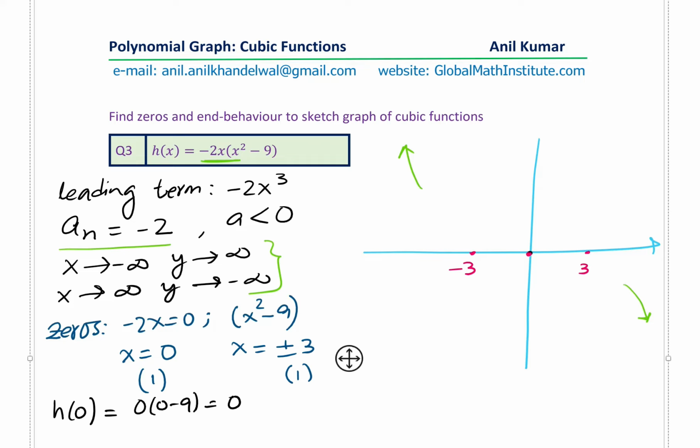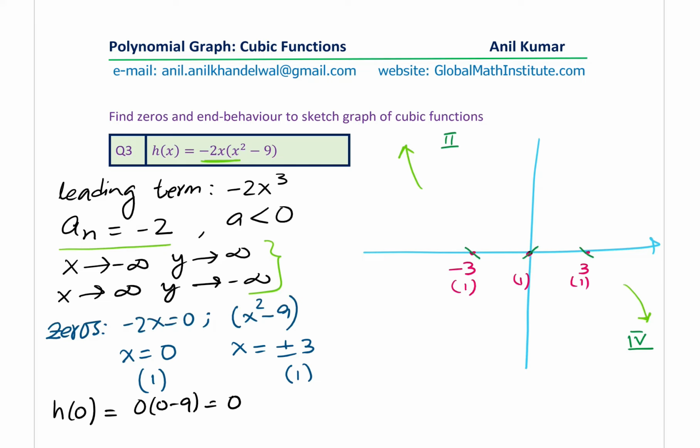Now all are linear zeros, right? So 1 in the brackets indicates that they are all linear zeros. Correct? Let us now sketch this particular graph. We are starting from quadrant 2 and we are going to end in quadrant 4. And all these zeros are linear, so the graph will go like a straight line as shown here.